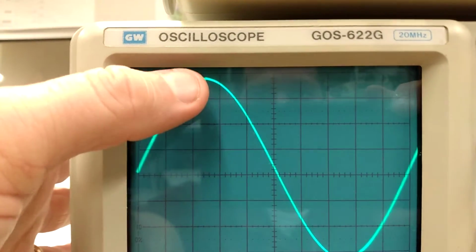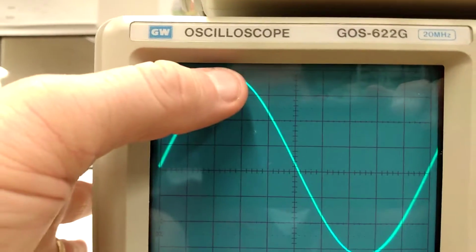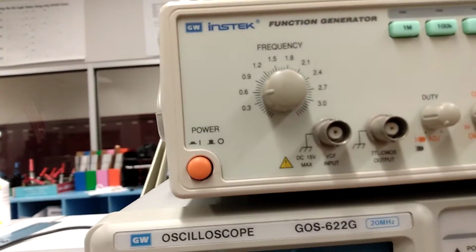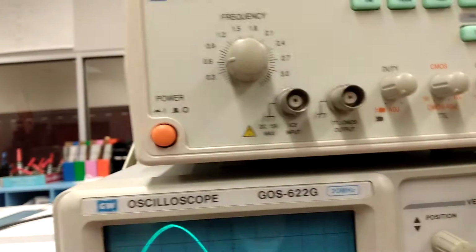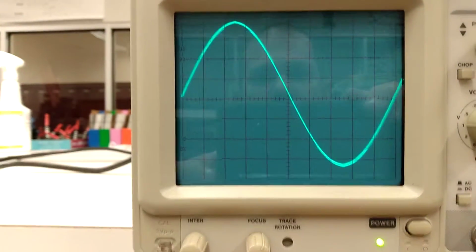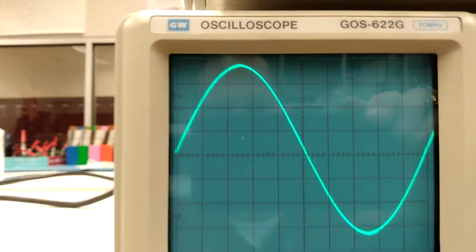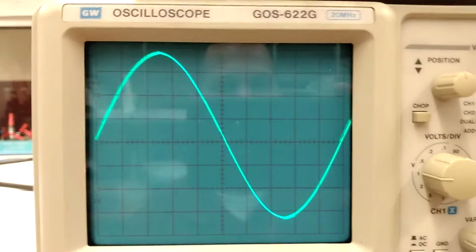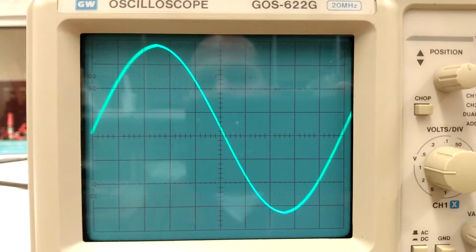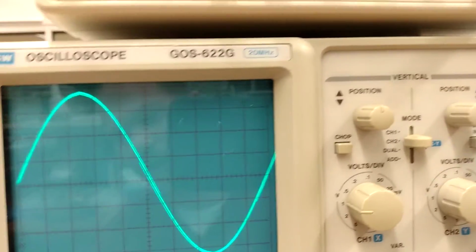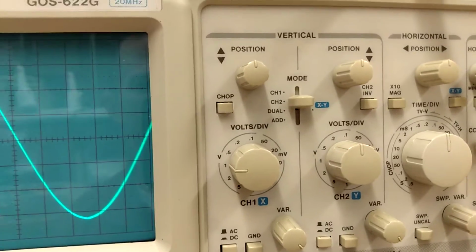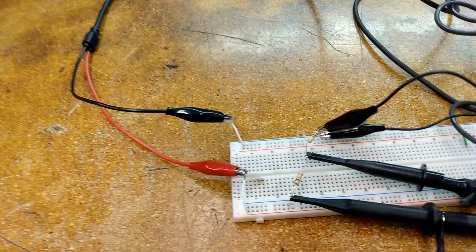I'd probably call that like 0.338, as we're counting above and below our divisions there. Maybe not quite, as we're looking at that. So you take your divisions above or below, and you multiply that by your volts per division, and that's going to give you your voltage drop here.